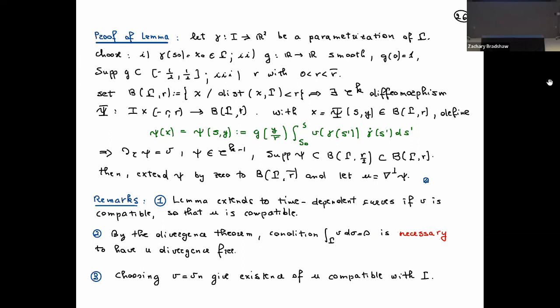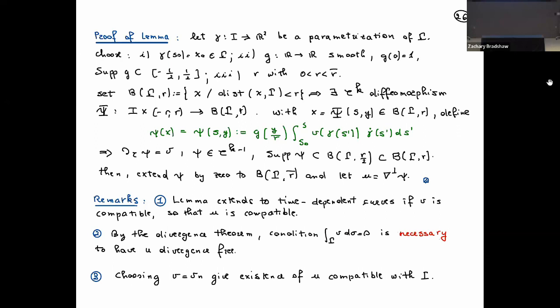And let me say that the condition that the integral along the curve of V is 0 is a necessary condition. That's very simple to see by the divergence theorem. If you want U to be divergence free, apply the divergence theorem, and it pops out that this condition must hold. In particular, if you choose V to be the normal velocity of the curve, then the lemma gives you the existence of a vector field which is compatible with the time evolution of the curve.